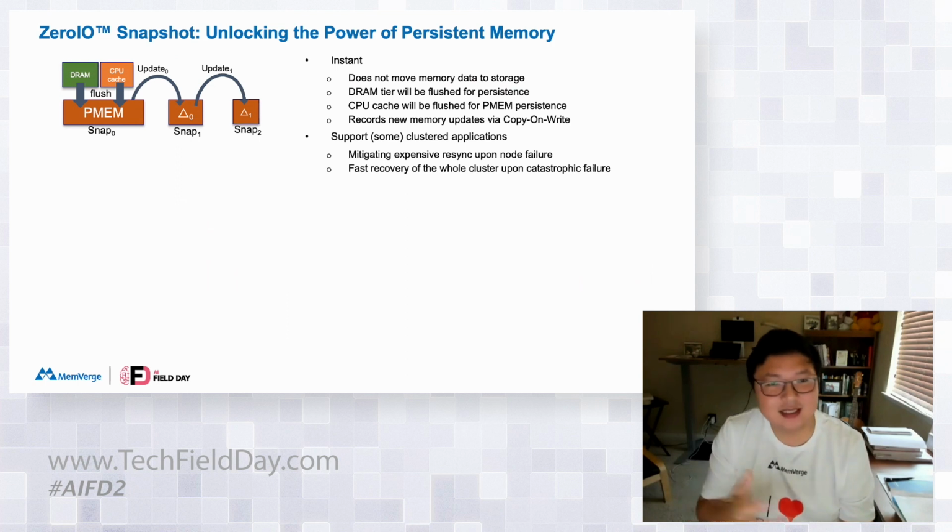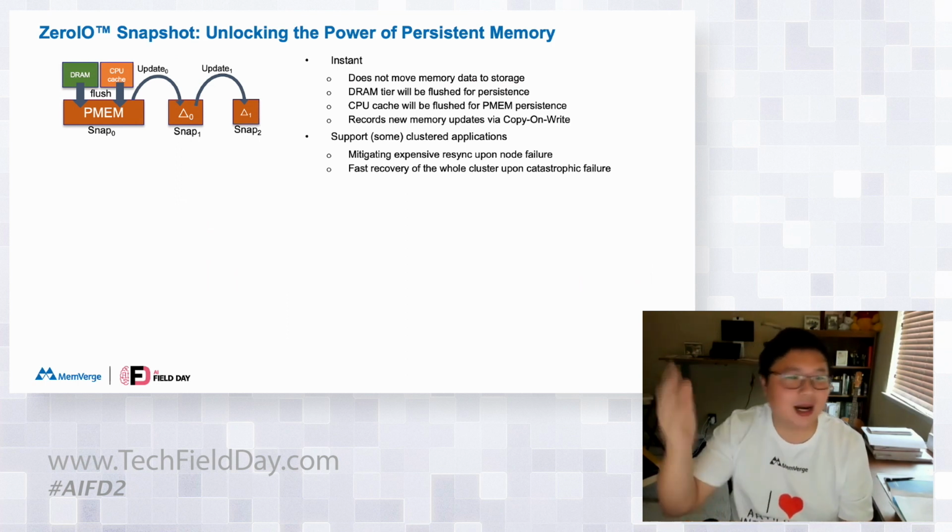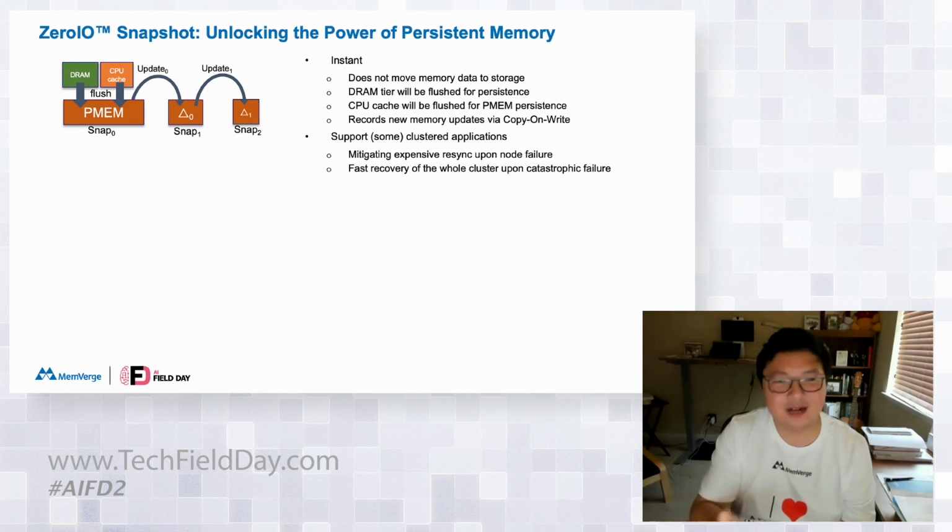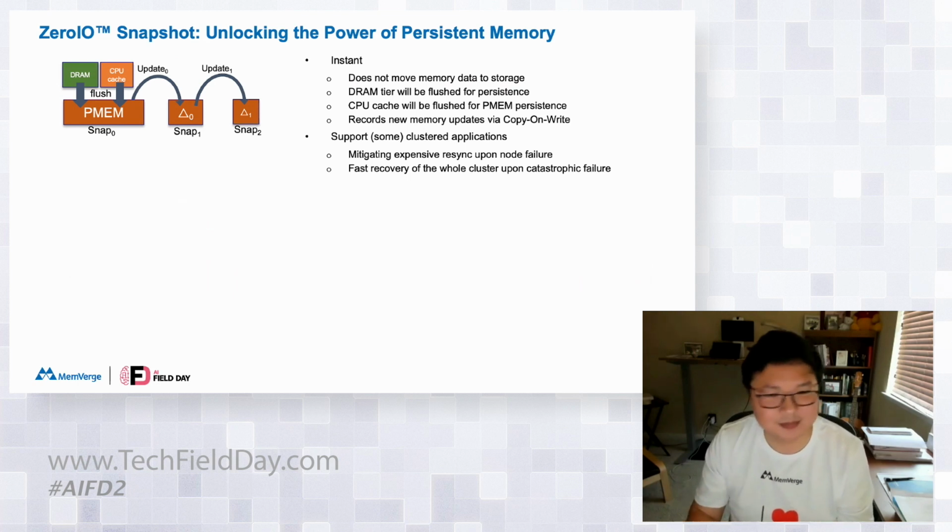Also, if there's a catastrophic failure, let's say you lose the whole rack, the whole cluster, or the storage, and the backup is in the storage, then you cannot recover the database. That rarely happens, but in that condition we can still provide fast recovery for the whole cluster using our snapshot.